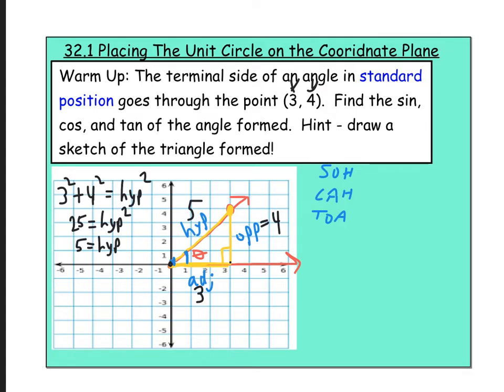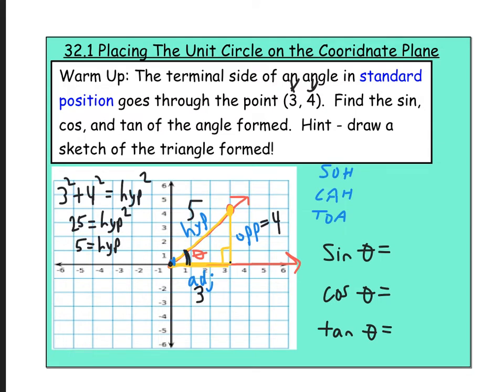Okay, and this is a classic 3, 4, 5 right triangle. That's one of those Pythagorean triples, if you're familiar with those, just different patterns that show up based on side lengths. But now that we know the side lengths, we can go back to SOHCAHTOA stuff, right? So the sine of that angle, remember the angle formed is right here. We don't know the measurement.